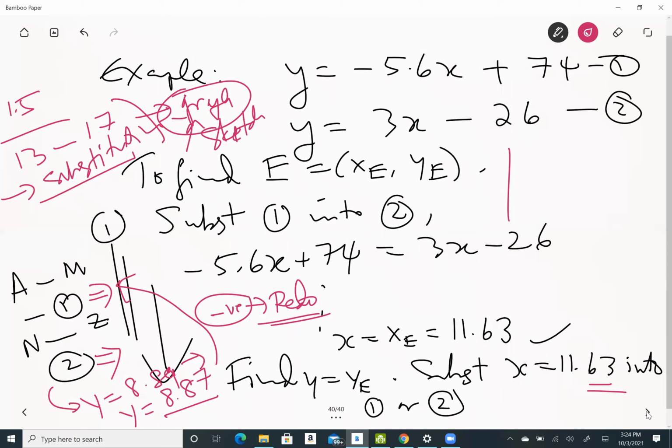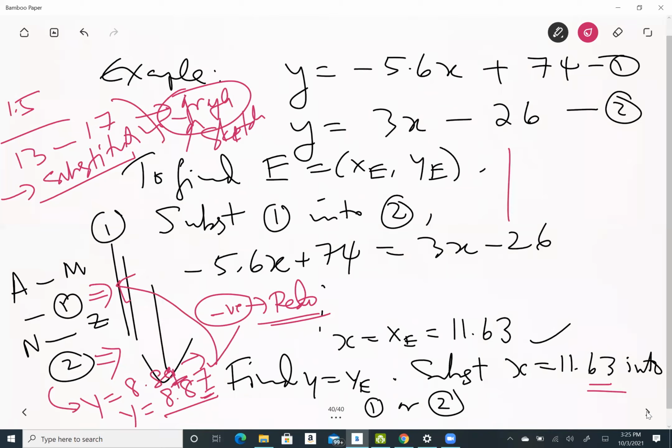Like here, 8.89, 8.87. If you round to 1 decimal point, you will get 8.89, the same thing. So the difference will be very minor. So you got y about 8.89, or maybe some of you get 8.88, 8.87. That will be acceptable.